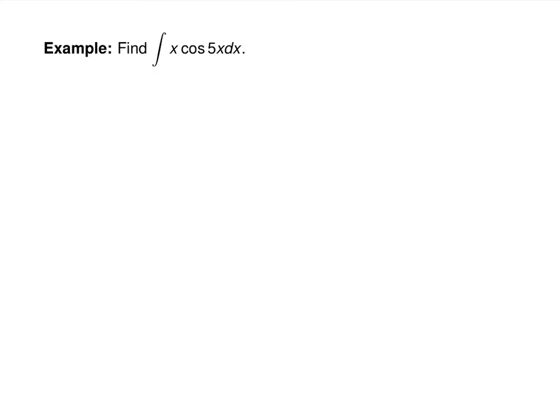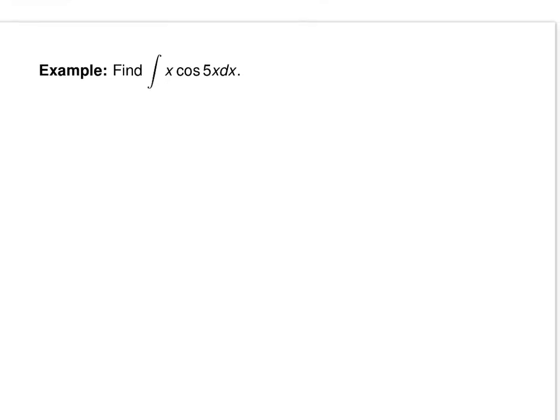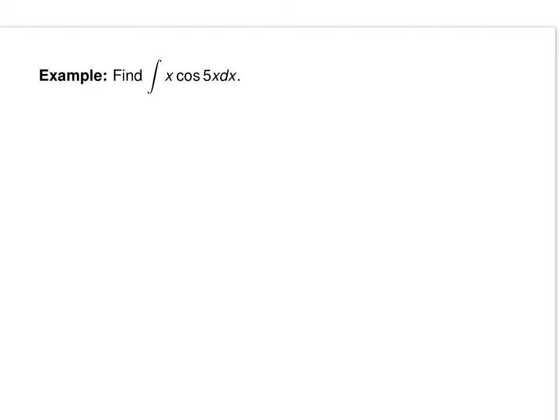Now, the most common instance where you see this is when you have a product of two functions. The formula says that the antiderivative of u dv is equal to uv minus the antiderivative of v du. So you take your integral and identify one function to be u and one function to be dv.